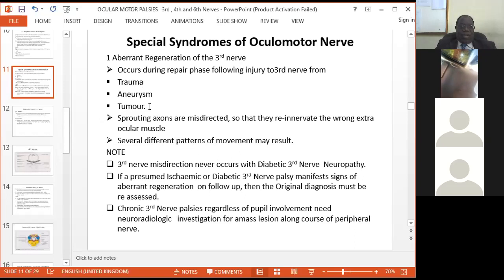So trauma, aneurysm, tumors, these are the causes of aberrant regeneration. Okay? Sprouting axons are misdirected so that they re-innervate the wrong extraocular muscle.